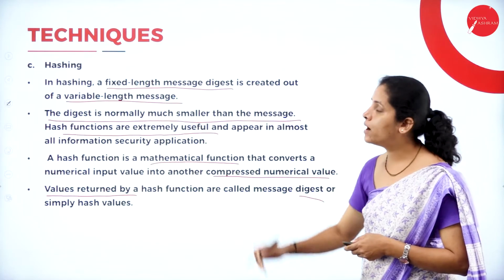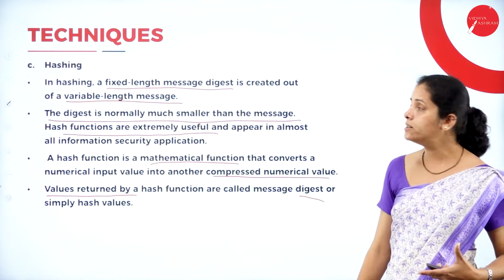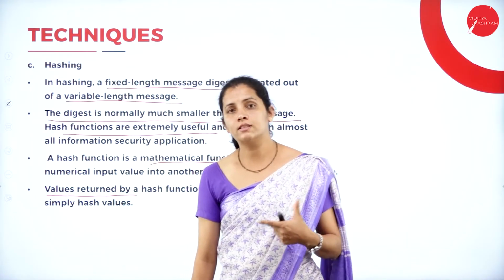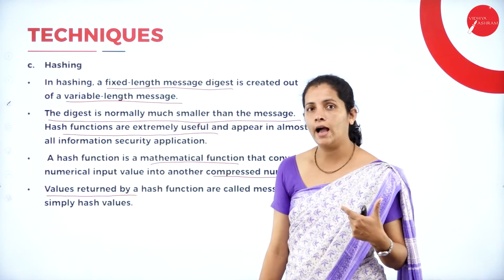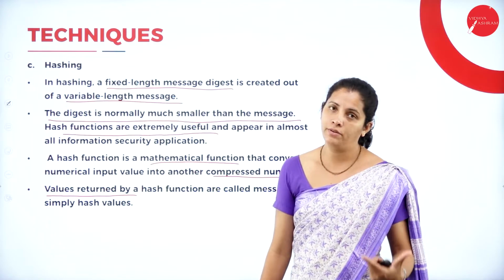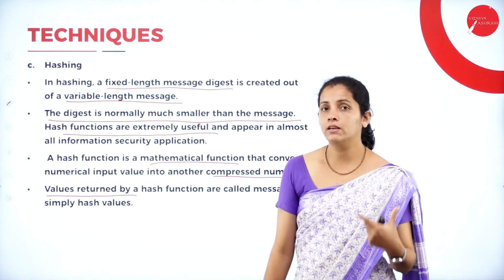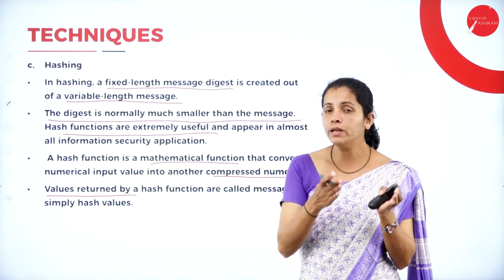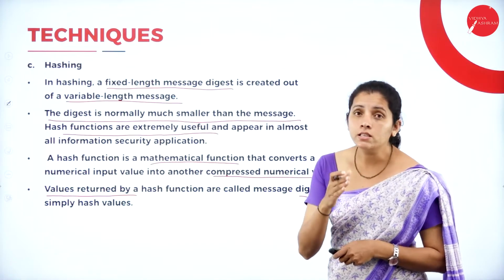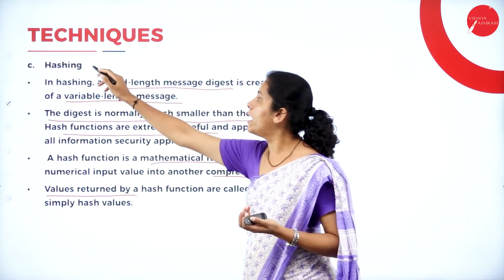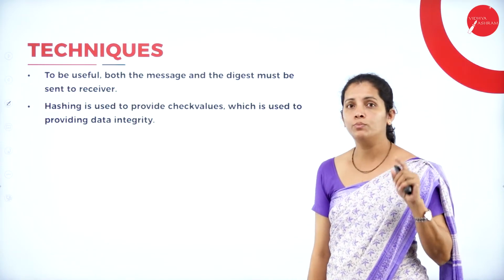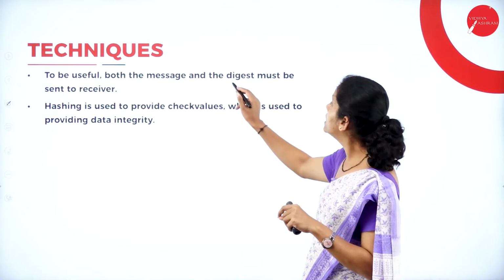So this is all about hashing. What is hashing here? To convert a variable length message into a fixed length message, I'm going to use the hash function. Hashing is nothing but a mathematical function. When I apply the mathematical function, I convert the numerical values to a compressed numerical value. These kinds of functions are called hash functions, and these functions are useful for both message as well as digest.